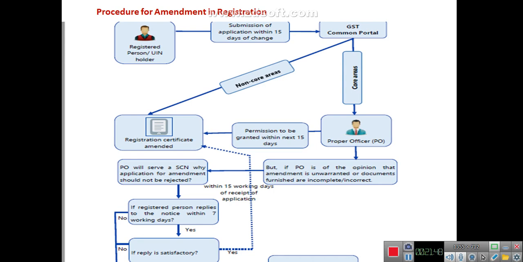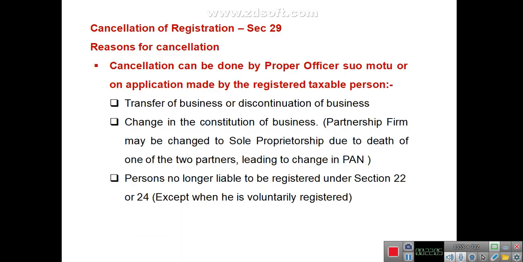If the reply is satisfactory, then the application for amendment will be approved. If the proper officer is not satisfied with the clarification, then the application for amendment will be rejected.